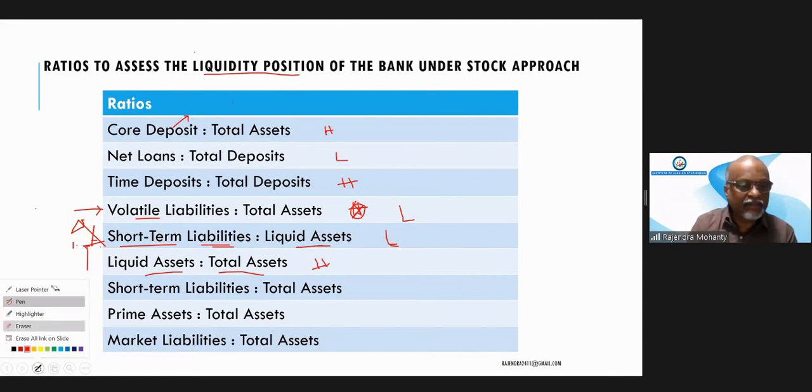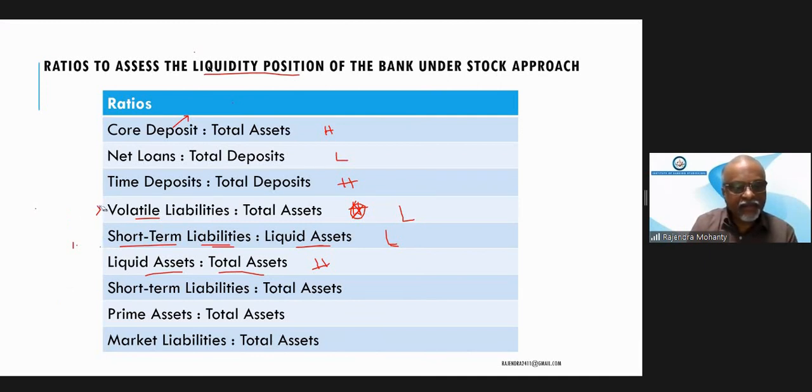Can you give me an example of a prime asset? You are telling core asset. So what is an example of a prime asset?